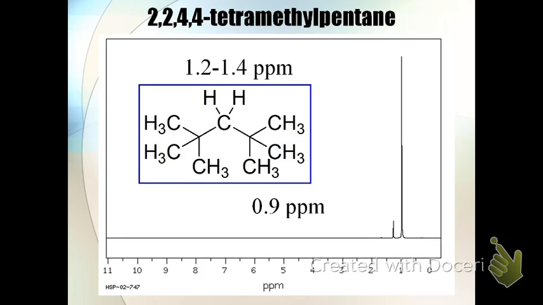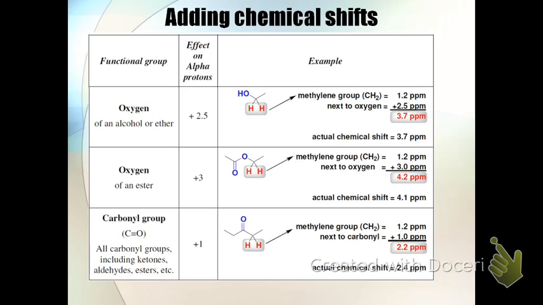Here's another interesting aspect. Remember we talked about electronegative groups being able to shift hydrogen signals. If you have a methylene group next to an oxygen, in fact any group next to an oxygen, the shift is typically about 2.5 parts per million.